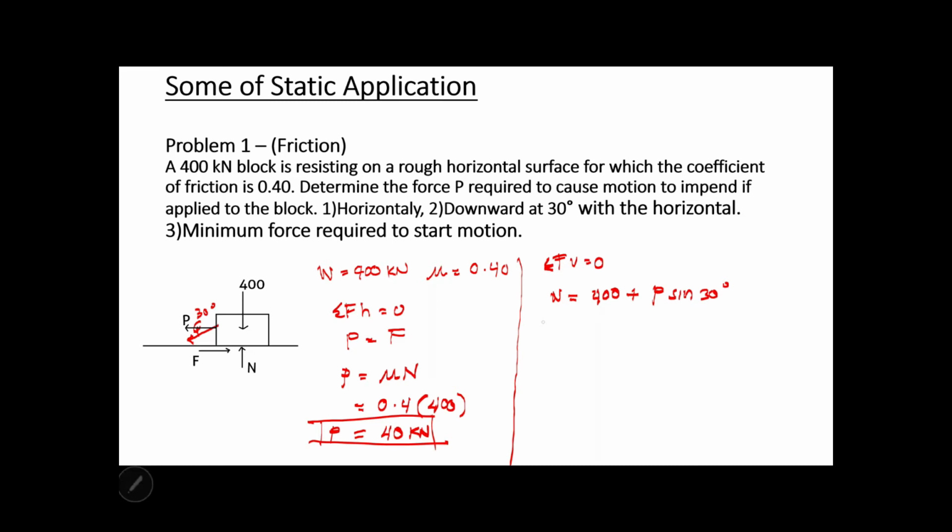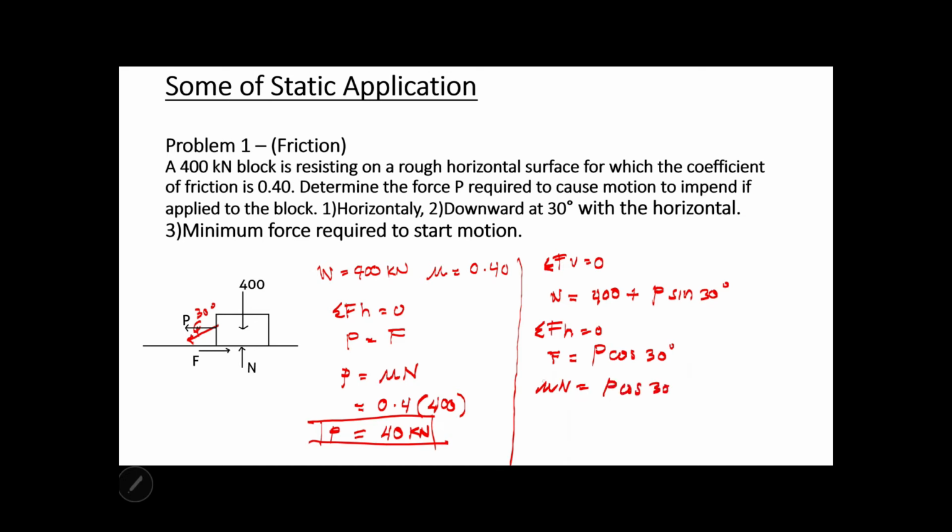So, summation of forces horizontal equals to 0. So, tingnan lang natin, F is equals to, ano nga yung horizontal component ng P? Ay P cosine of 30. So, yan lang yung magkakabangga. So, alam natin na ang F is equals to mu times N. So, mu times N is equals to P cosine of 30.